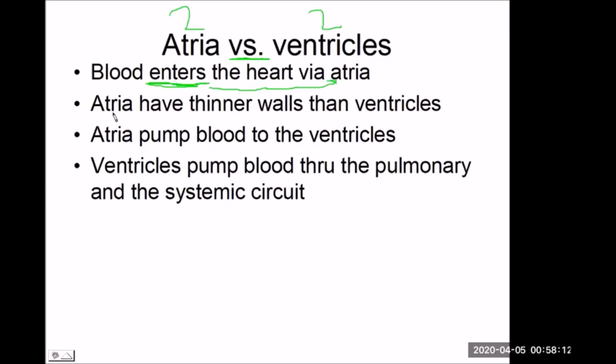The atria have a much thinner layer of cardiac muscle, a thinner myocardium, and this goes along with their purpose. The atria, their job is just simply to pump blood to the next chamber. And standing up with gravity, the atria have that natural pull of gravity when we're standing up, so they really don't need to be that strong to propel blood just to the next chamber.